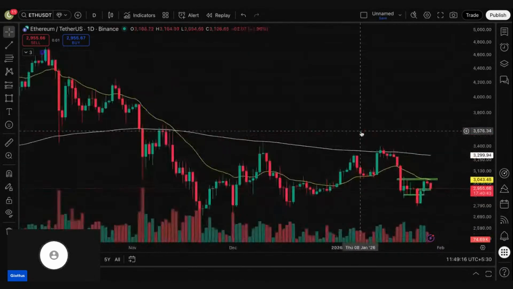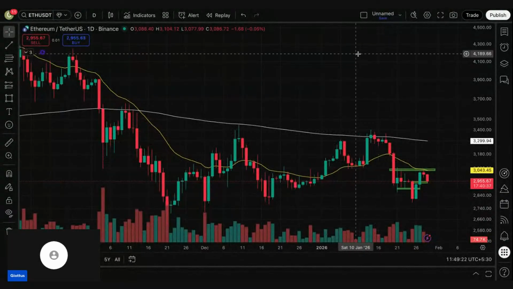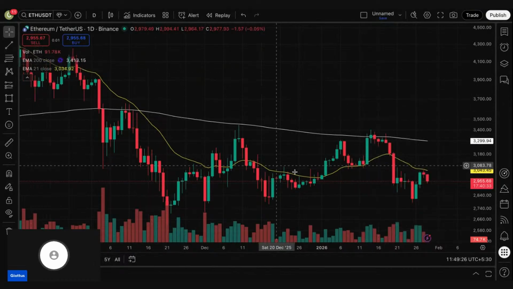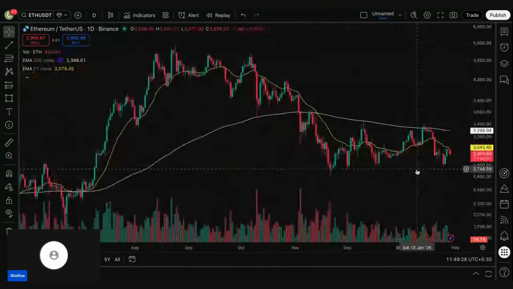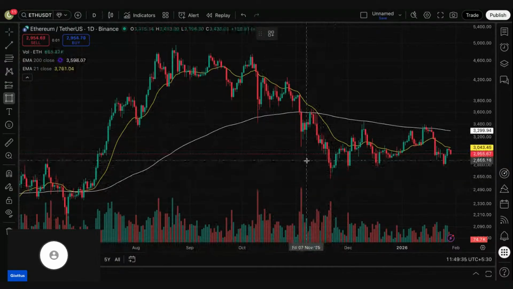Ethereum, if by any chance it starts to head down from here. See, on the daily time frame, there is another thing which I can notice, which is Ethereum has rejected from the 21 EMA. And this is usually not a good sign if the market wants to head down.